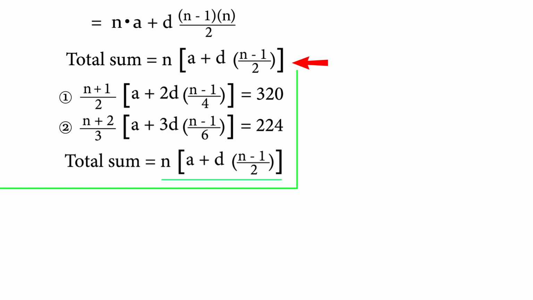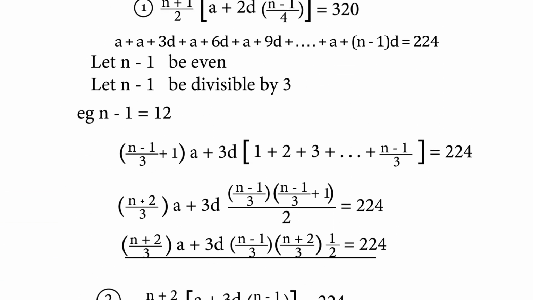All right, now let's remind ourselves what my criteria were. I stated that n minus 1 had to be even, and that n minus 1 had to be divisible by 3. All right, let's start plugging in numbers. What kind of numbers do you want to use for n here?